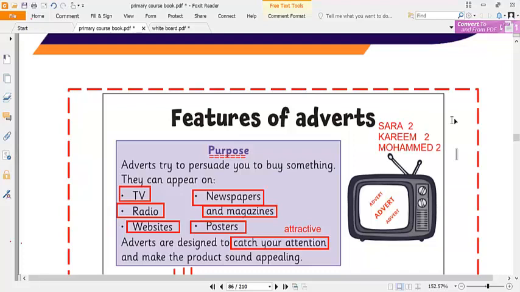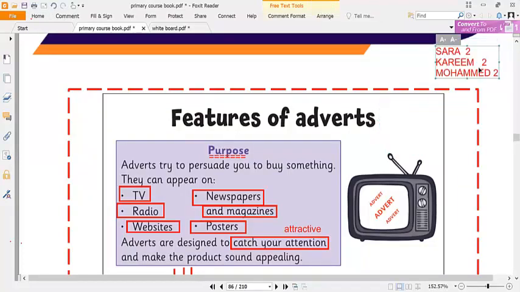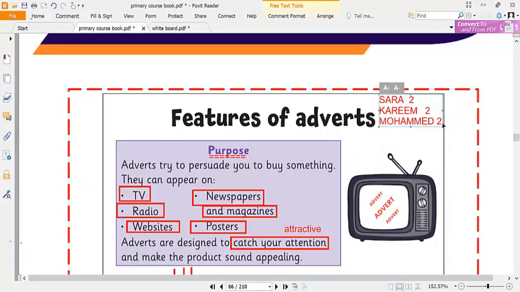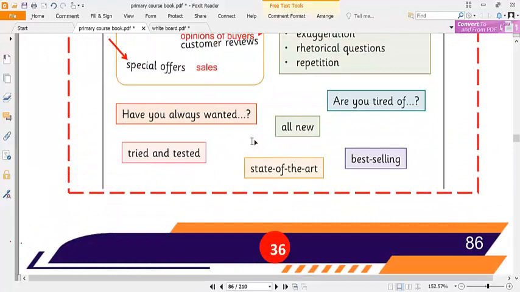One remains. Discount. Special offers هي الديسكاونتس تبعها. The last one is the customer reviews. Thank you.